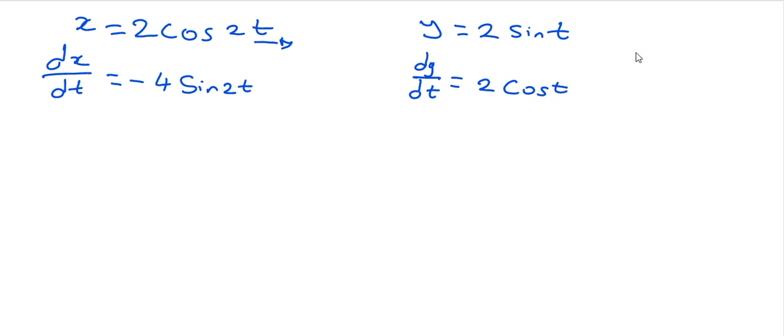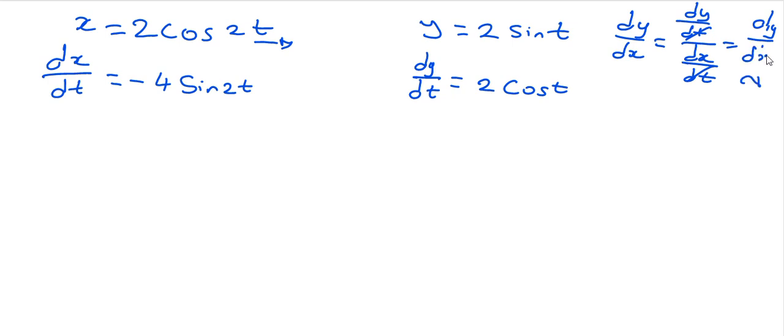So remember, if we want to find dy over dx, we're going to say dy over dt over dx over dt. These two dt's cancel, and then you're left with dy over dx. Remember, this is going to be on top and this is going to be at the bottom.